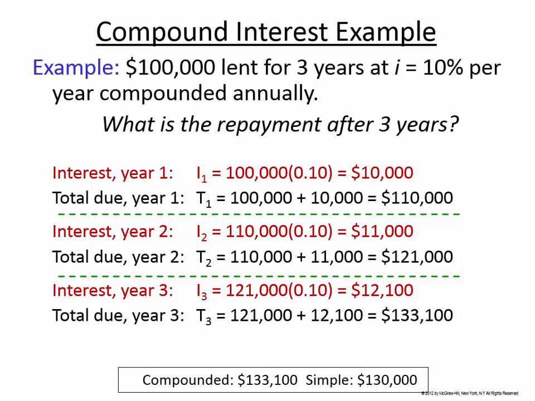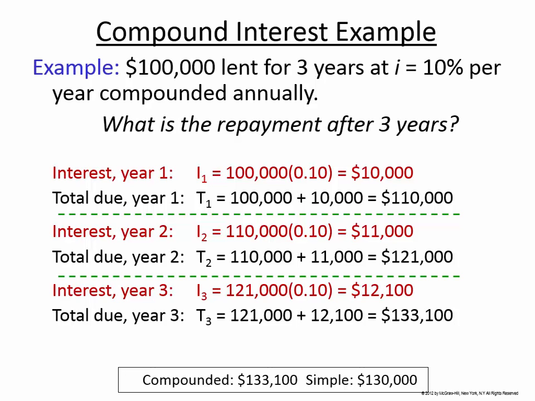Compound interest, $133,100. So why do you think the banks like compound interest? They get more money, of course, right. And the more frequently they compound, that means they get even more. Because if they compound every year, then that whole first year, it's sort of like you're not paying interest on the interest.